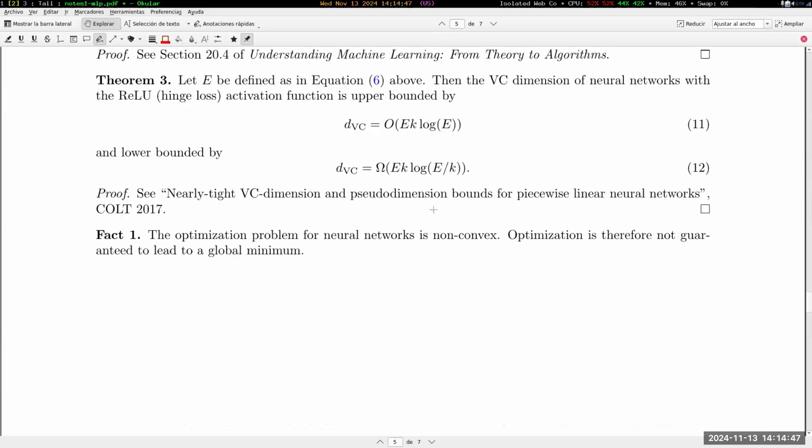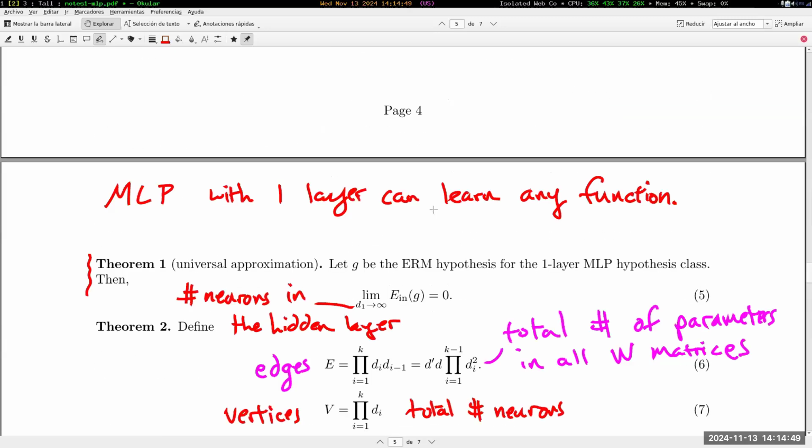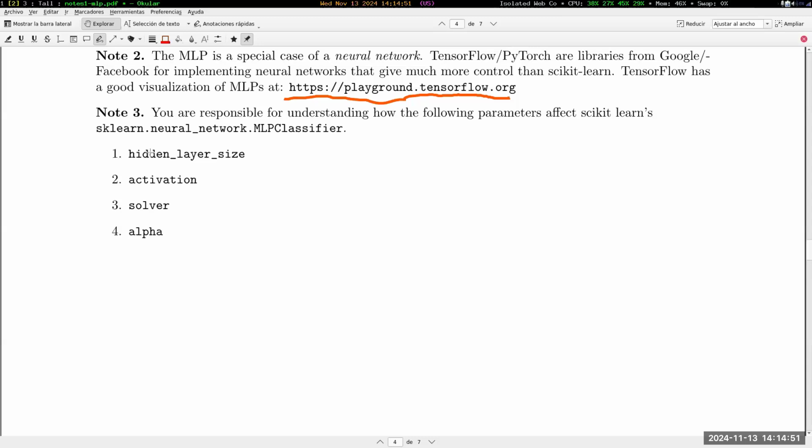If I scroll up to the previous page here, this hidden layer size parameter in the multi-layer perceptron classifier is a list of all of these D values that you're passing into the model. So it's a list of, say, D1, D2, D3 in a 3-layer multi-layer perceptron.